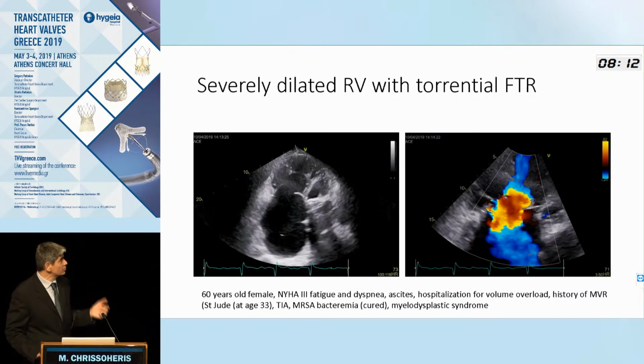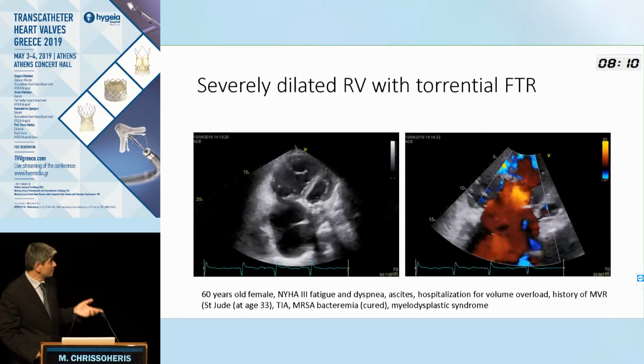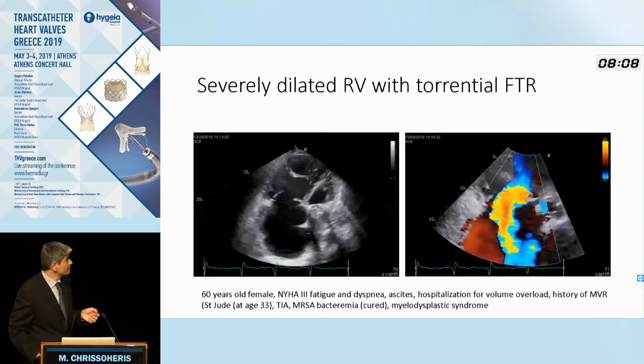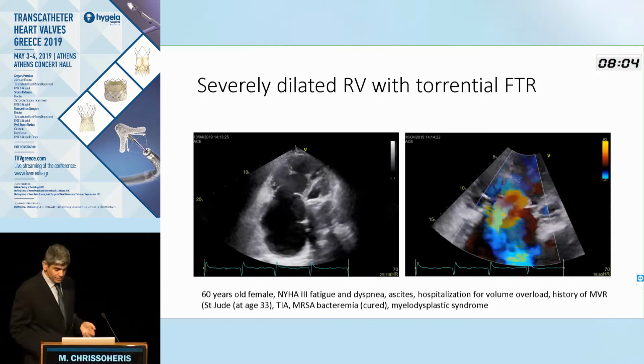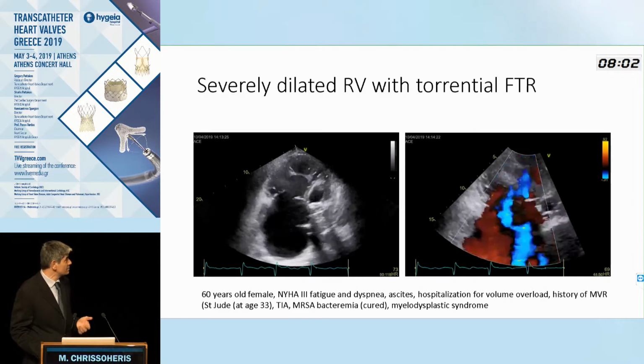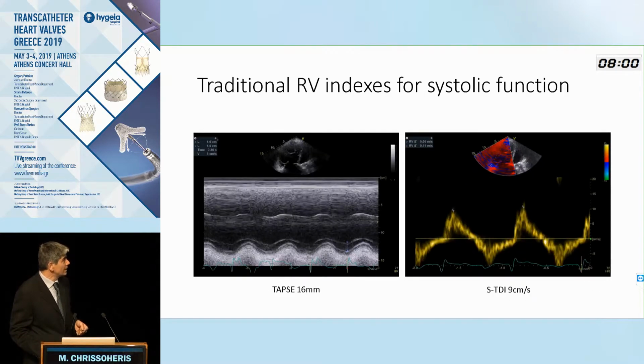Contrast this patient to this patient, who's again of similar age, but this patient has severe right ventricular dilatation, massive torrential tricuspid regurgitation, a very ill patient. The TAPSE and the S' do not reflect significant systolic dysfunction in these.